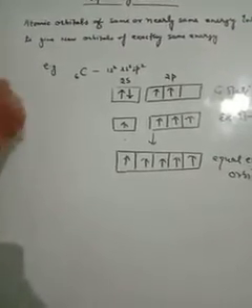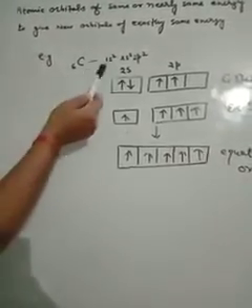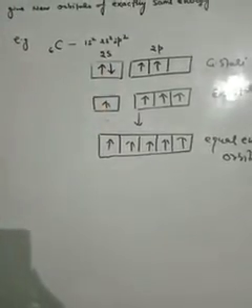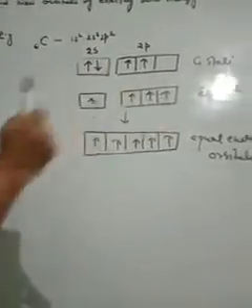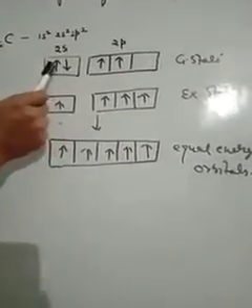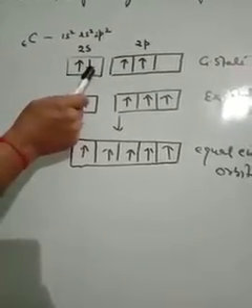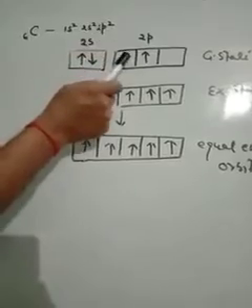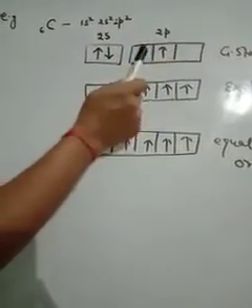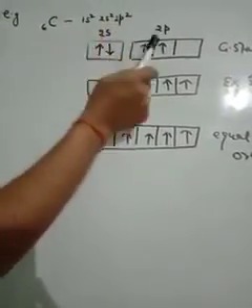Now here I am taking an example. You are watching here carbon, atomic number 6, electronic configuration 1s2, 2s2, 2p2. In ground state, the last two orbitals I am showing here: 2s2, one clockwise and one anti-clockwise. Here are the 2p orbitals, 2px, 2py, 2pz, and here I am placing the two electrons of 2p2.